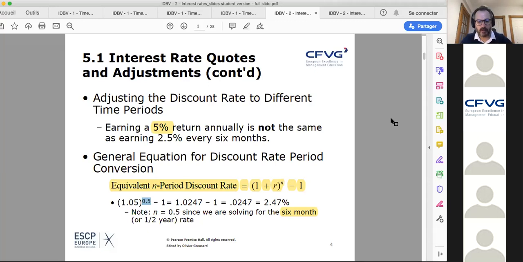So if you want to calculate, for example, the monthly rate that is equivalent to a 5% EAR, we're going to do 1.05 exponent 1 divided by 12, minus 1. If I do it with my calculator, 1.05 exponent 1 divided by 12.